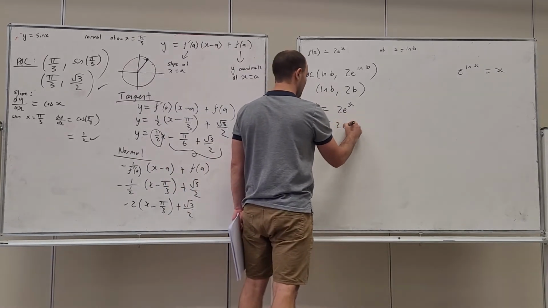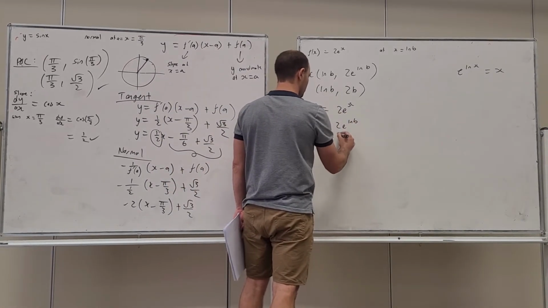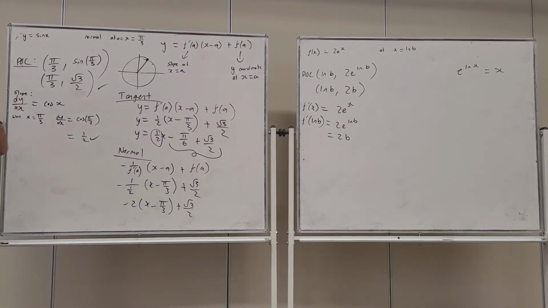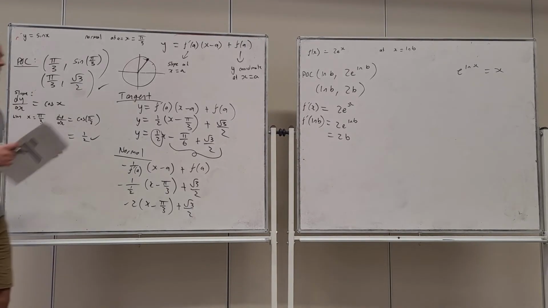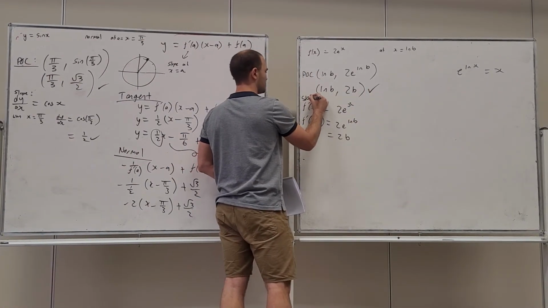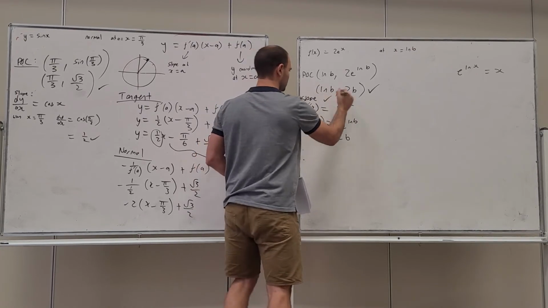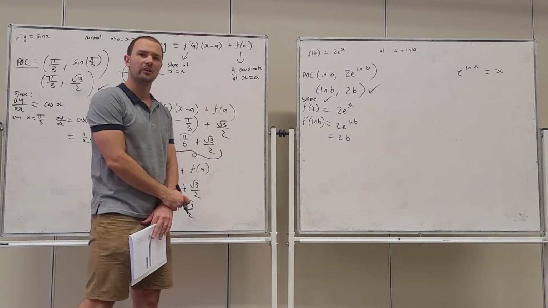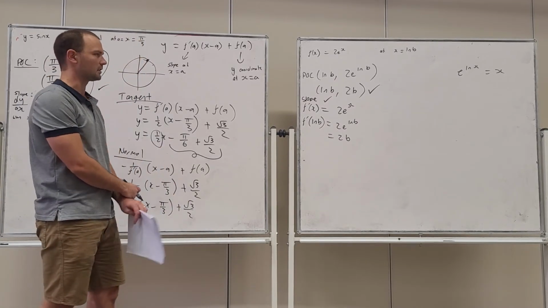We're going to get 2e to the ln b, which is again 2b. Okay, so got our point of contact, got our slope. They're the two things we need, aren't they? Point of contact and slope. Now we're ready to find the equation of this line.